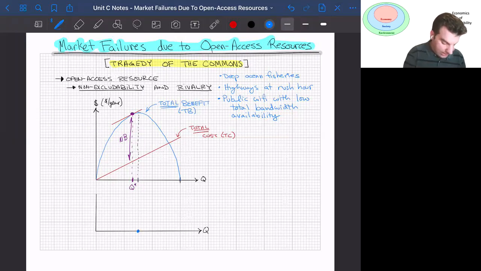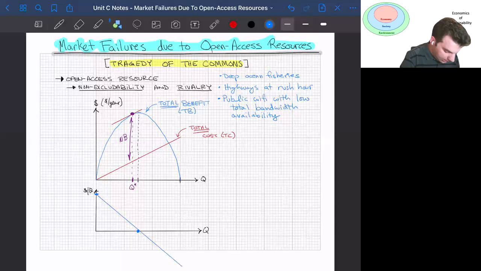And so I can draw a line that starts at some point, and I guess I should label these axes. So this is the dollars per Q that we're accustomed to. And so I am going to have a marginal benefit, which starts at some point, and then it is just going to be a straight line, which I'm going to pierce through 0 at this point here, and then keep on going. So that wasn't quite perfect.